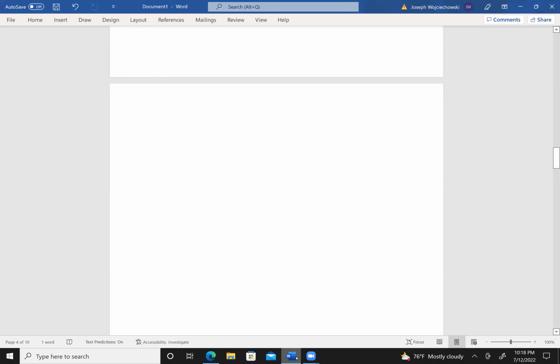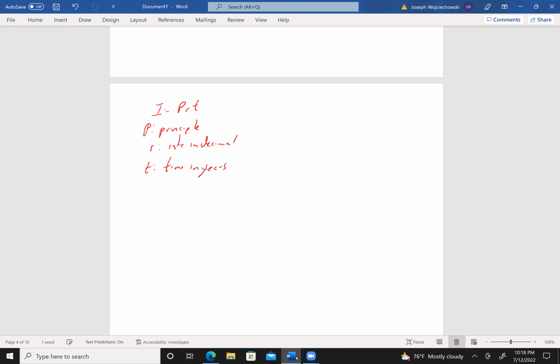So again, we're going to look at the skill practice problems and see what we got going on here. First one is simple interest. Now, simple interest is calculated as interest equals PRT, where P is the principal, R is the rate in decimal, and T is the time in years.